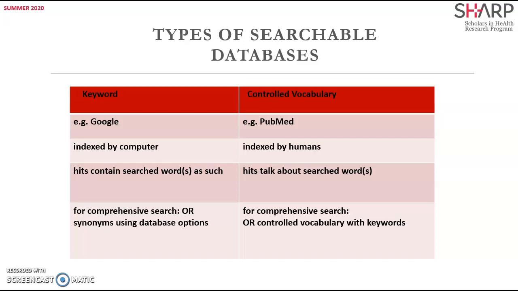In the keyword databases, in Google in particular, there is no search history. In other keyword databases, you might find this. But in Google in particular, there is no search history, which would allow me to combine different sets, in which each set represents a different concept.